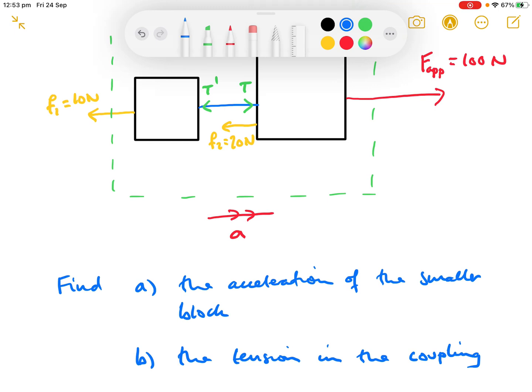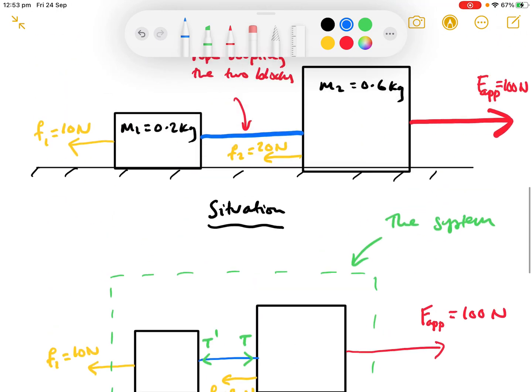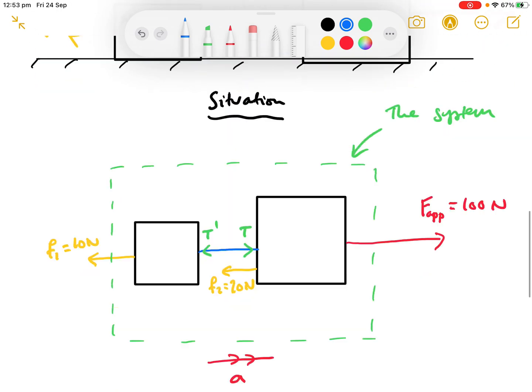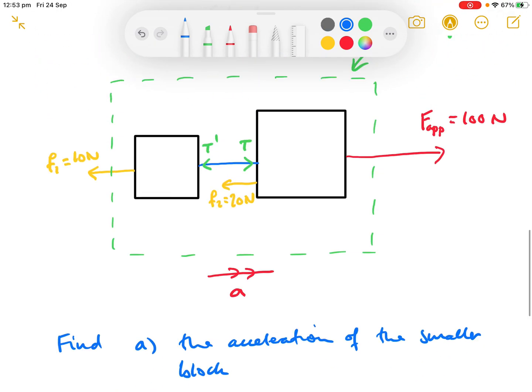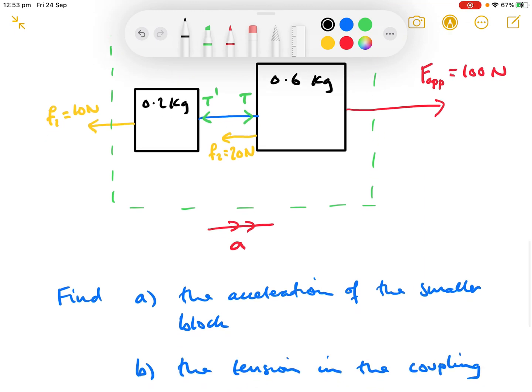Right, that's our two standard sorts of question. Just checking the mass, 0.2 and 0.6. Might want to put that in, just so we don't get them mixed up.